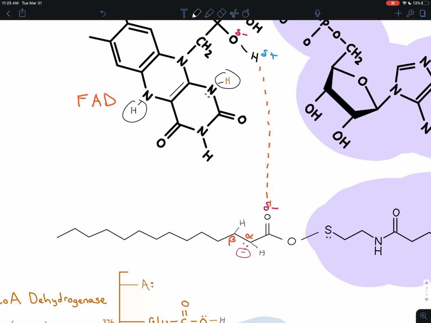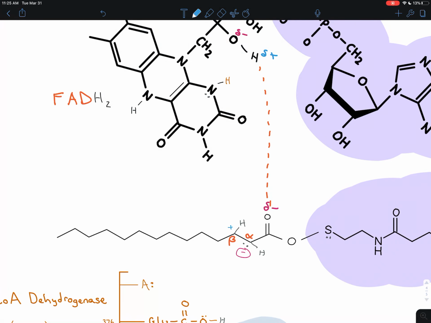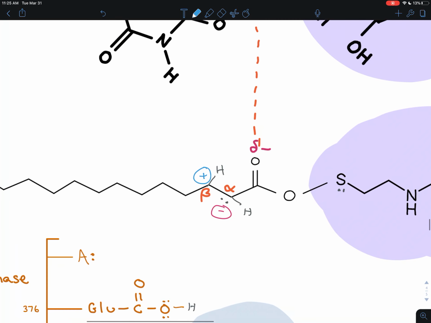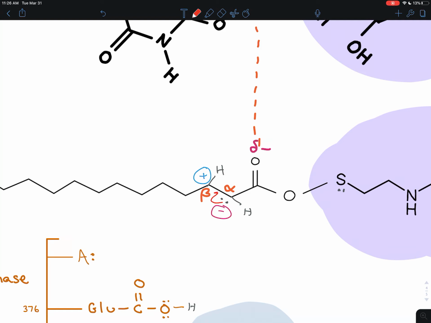Now notice we've put 2 H's onto the FAD, so now it's turned into FADH2. And notice also this carbon is missing electrons. If everything stayed as it was, this would have a positive charge. And so that opening, that pull, is what allows this lone pair on the alpha carbon to move over and create a pi bond between the alpha and beta carbons.